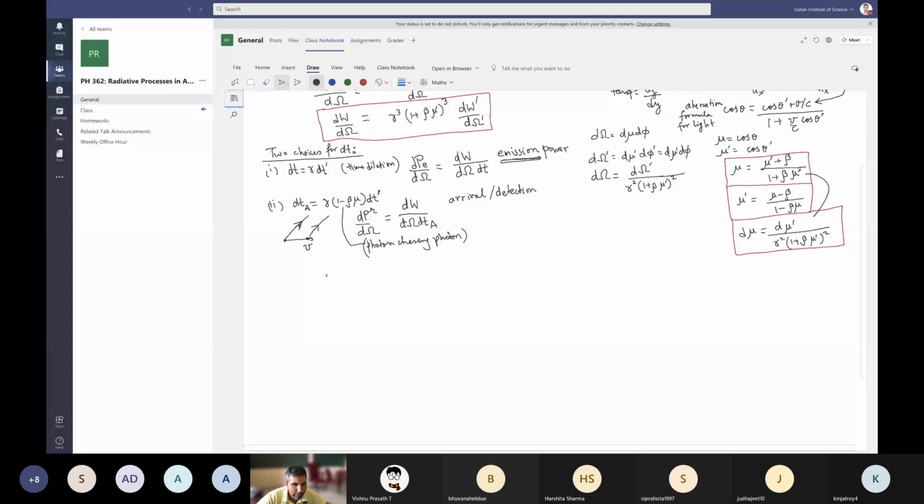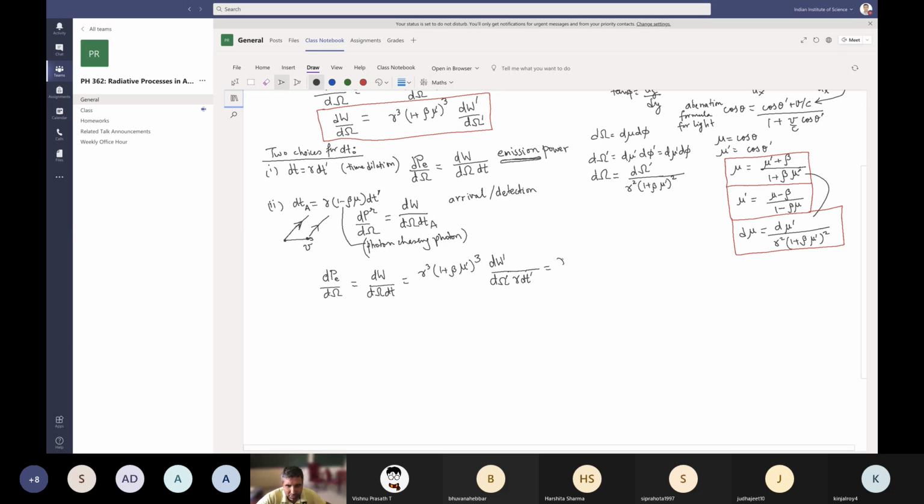dPe by d omega is equal to dW by d omega dt, and we have that formula on top: gamma cubed (1 plus beta mu prime) cubed dW prime d omega prime. We have to divide by dt, but dt is nothing but gamma dt prime, Lorentz time dilation.